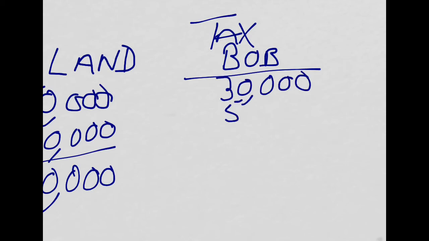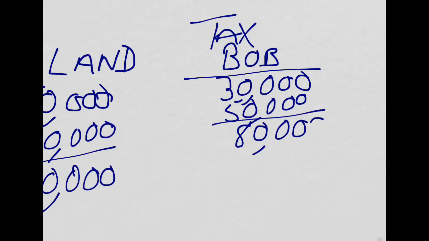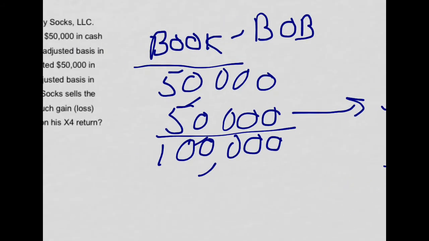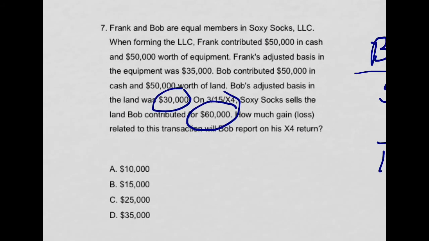And you got cash coming in, so he's got 80. The land sells for 60.